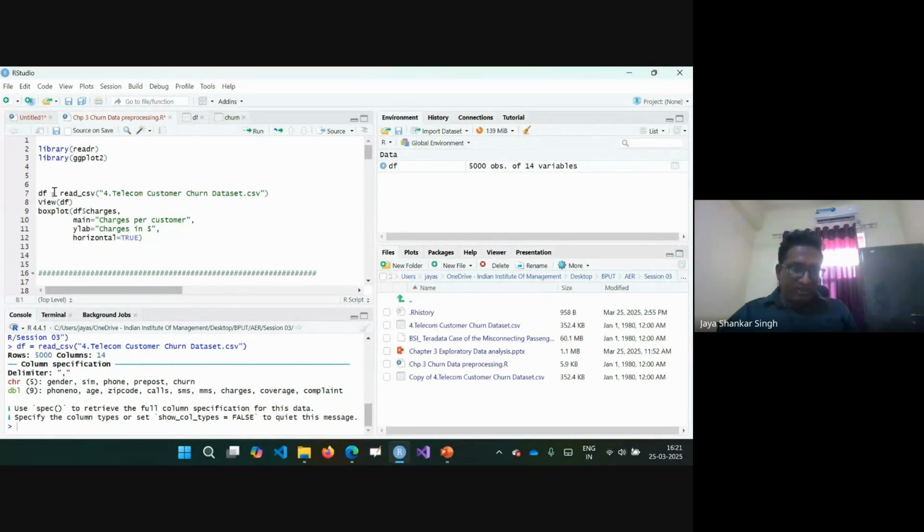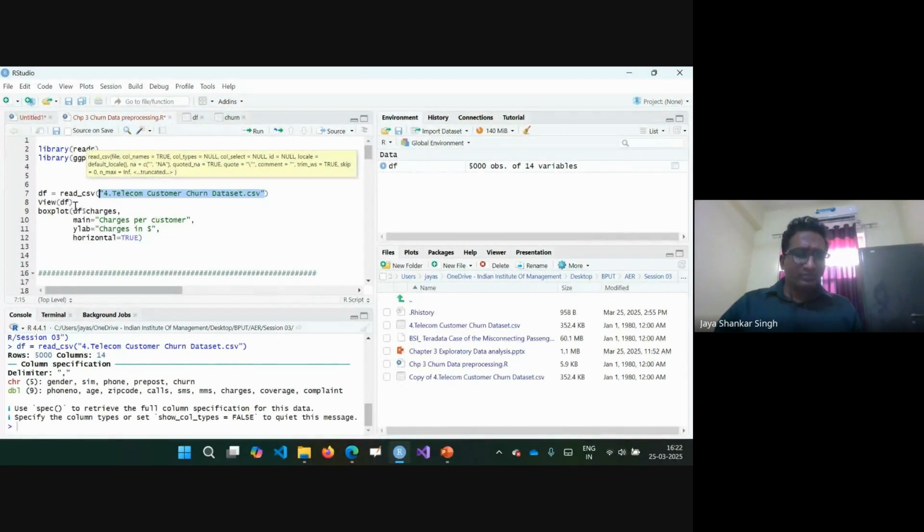So what happened in this particular line? A data file named df is created. And what is getting dumped there? I used the read_csv function to read a particular file in my current working directory. Okay?